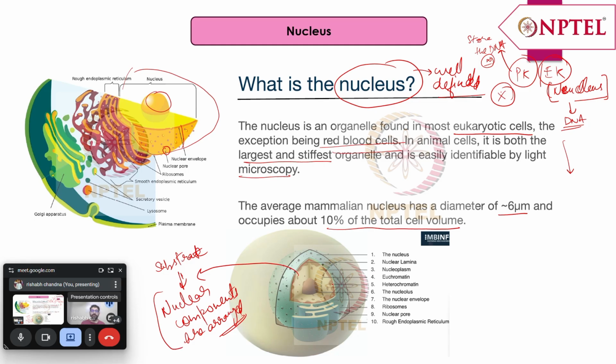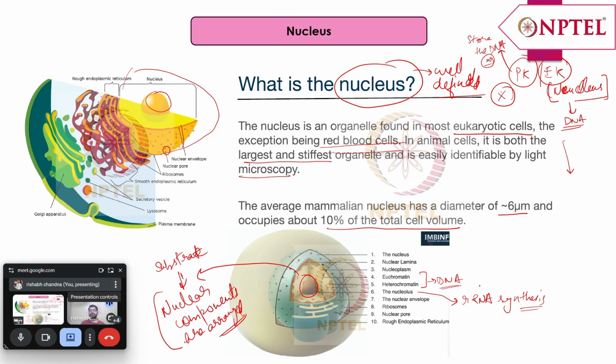Then we have the euchromatin and heterochromatin regions. This is the part of the DNA that we'll be discussing in later slides. Then we have nucleolus, a well defined region where the major rRNA synthesis takes place.